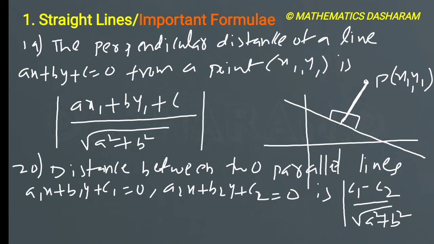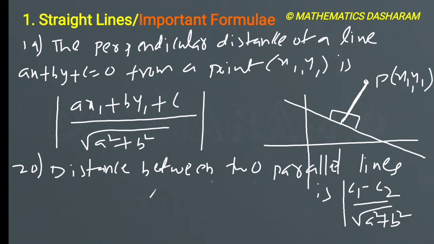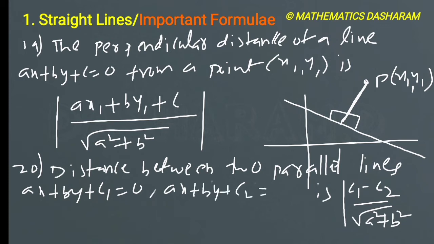Here, parallel lines means coefficients must be the same and constant numbers will be different. So ax plus by plus c1 equals 0 is one line, and ax plus by plus c2 equals 0 is another line. Then the distance between these two parallel lines is mod (c1 minus c2) divided by the square root of (a square plus b square).